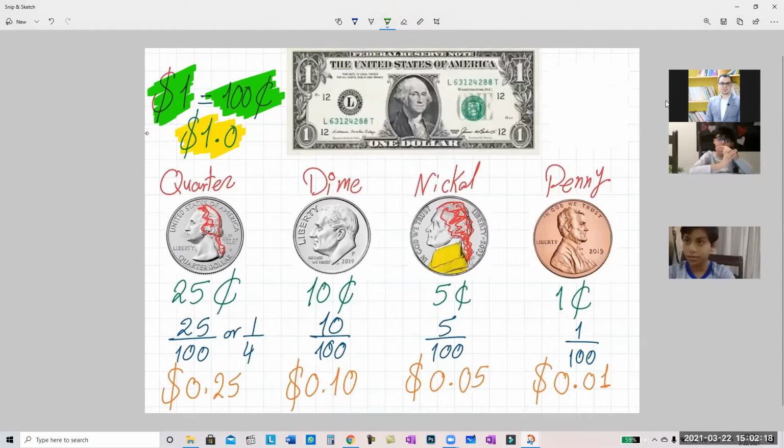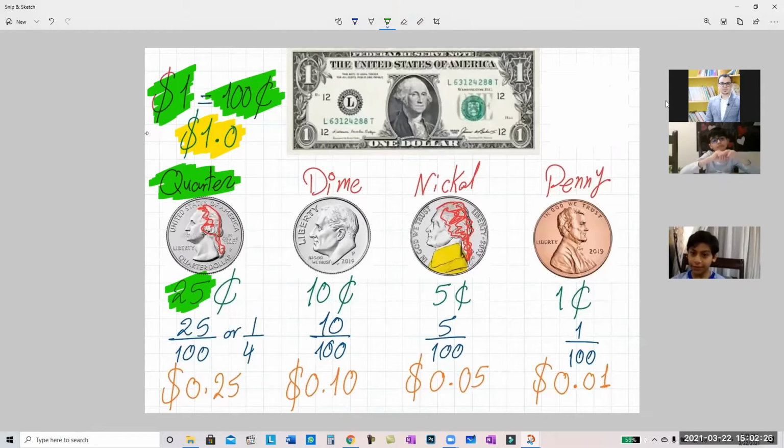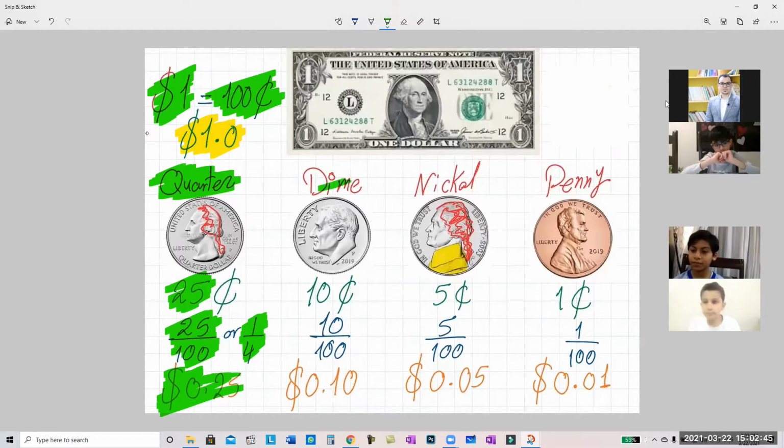And we have also 1/4 equal 25 cents. And if you want to write it as a fraction, it will be 25 over 100 or 1/4. Or if you want to write it as decimal, as a part of a dollar, it will be $0.25. Okay? And the next one is a dime.